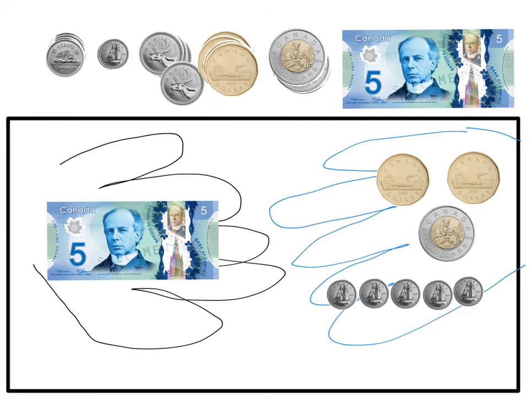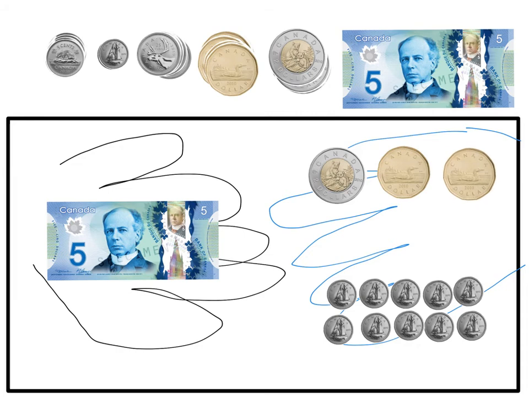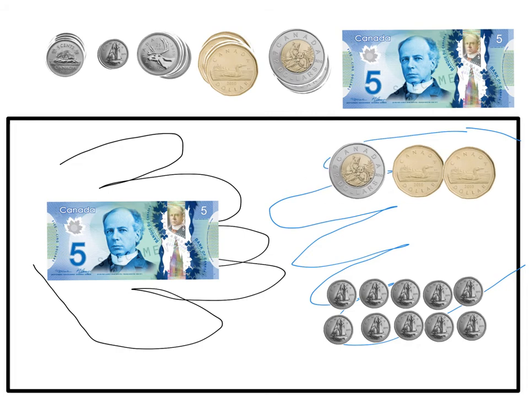Maybe you wanted to add 5 more dimes. So there's 5 more dimes. Now we have $2, $3, $4. I'm just lining them up a bit differently. And then 10 dimes makes one more dollar.